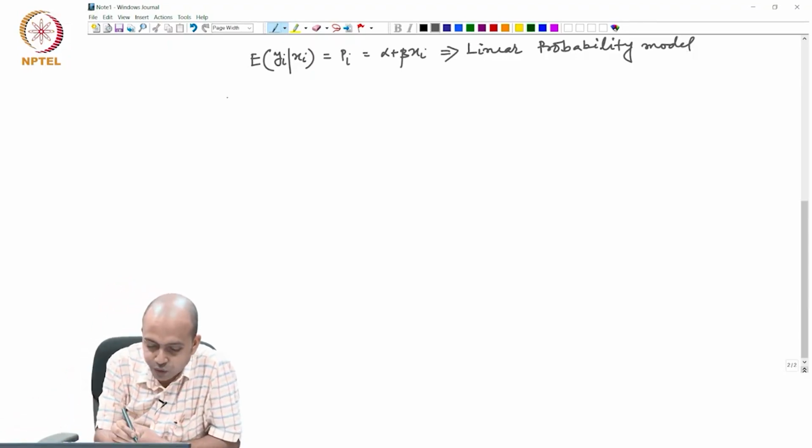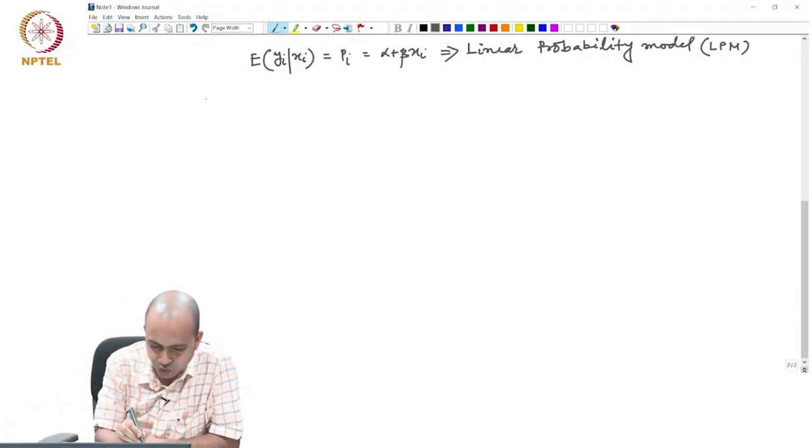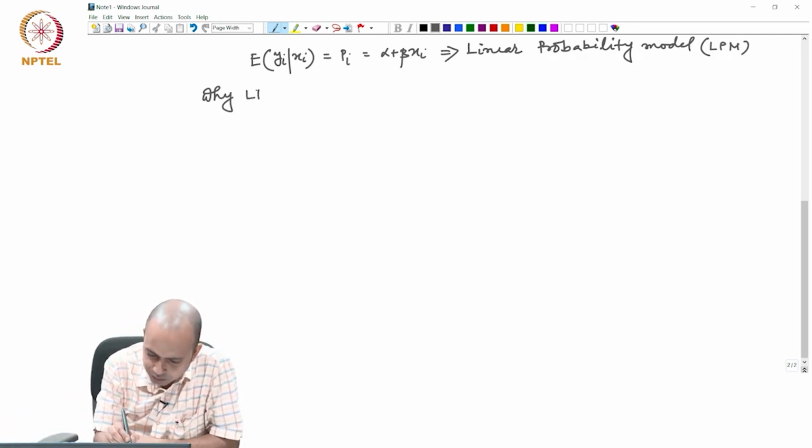Why is this called the linear probability model, in short LPM? There are two reasons.